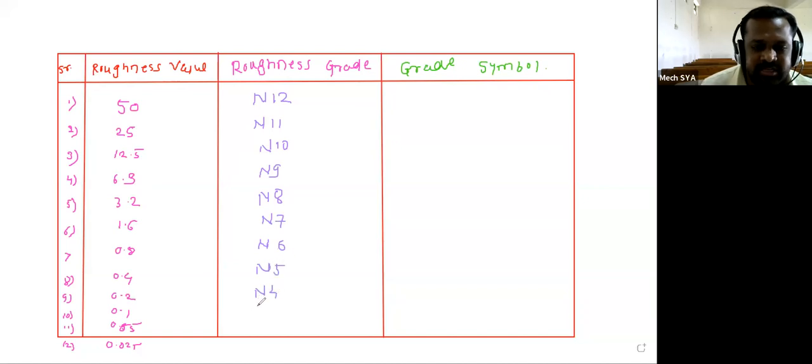We have to write just in decreasing manner. N3, N2, and N1.